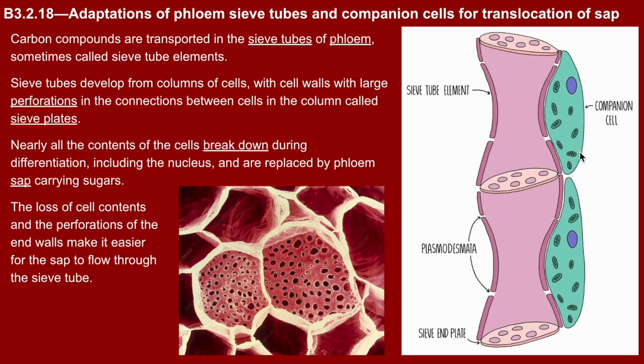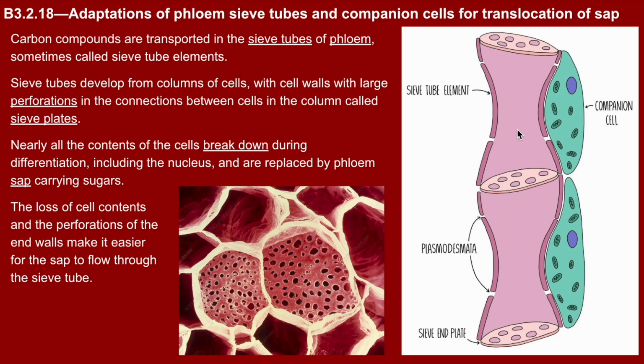It has these little companion cells that are like life support systems with lots of mitochondria. And they are going to provide through these plasmodesmata all of the ATP and other things that this phloem cell needs to stay alive. Now this is an adaptation that allows for easy movement of sugars up and down these phloem sieve tubes.